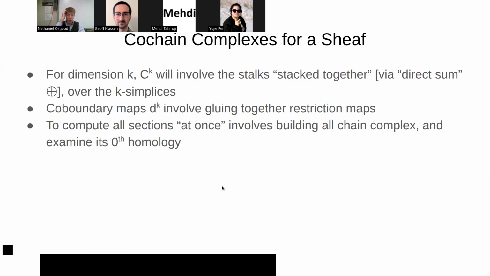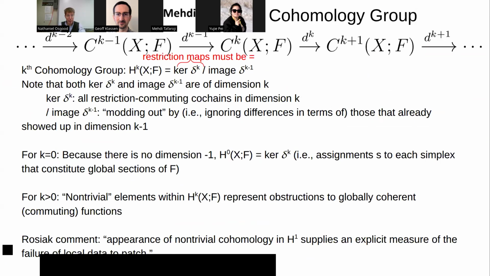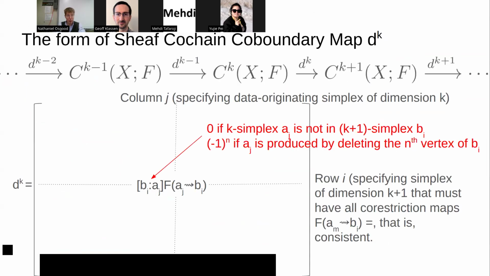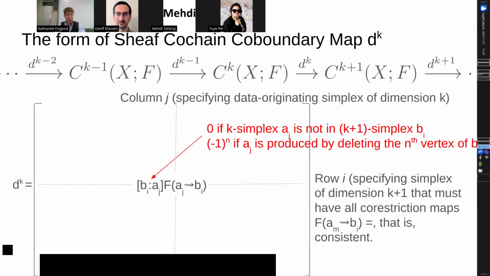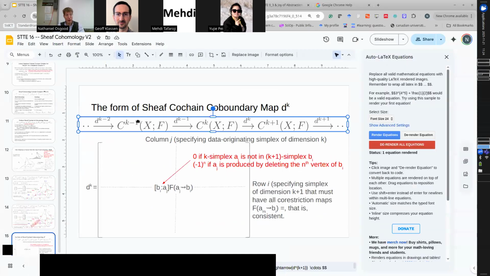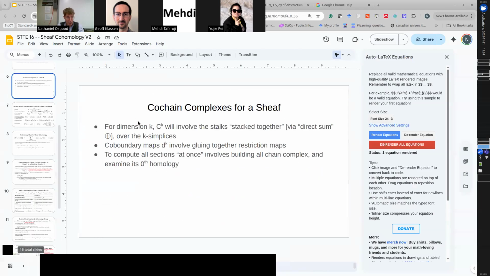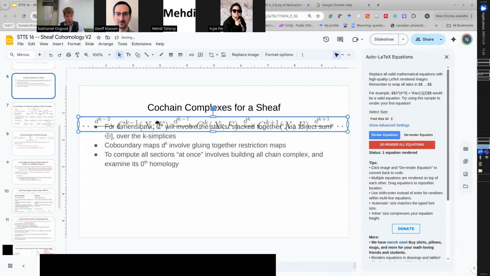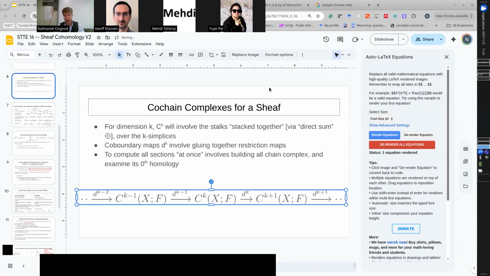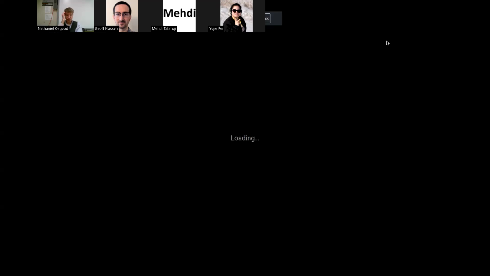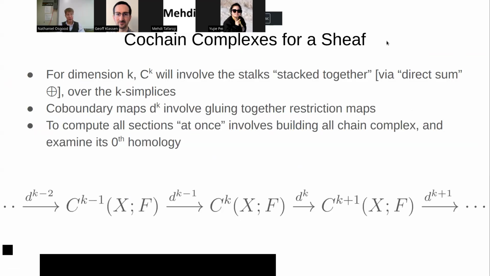What we're going to do here is we're going to have a cochain complex. And my goodness, I am going to go and copy this so we have it right early and we can refer to it often. Here we go. It's going to look something like this. Each of these C^K for sheaf cohomology, and notice I put an F here.